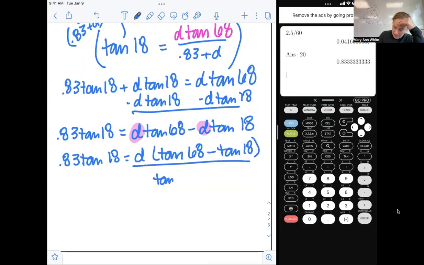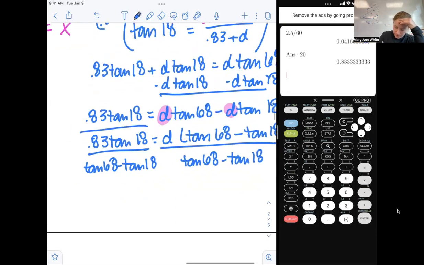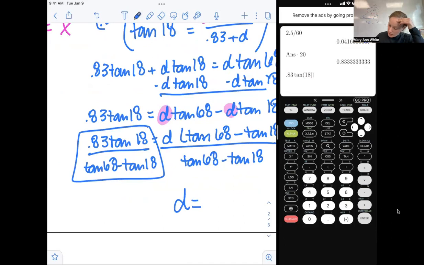Divide tan 68 minus tan 18 from both sides. And then I'm just going to throw that in the calculator. 0.83 tan 18 divided by, and I've got all my parentheses, tan 68 and my small parentheses, minus tan 18 and my small and my big.